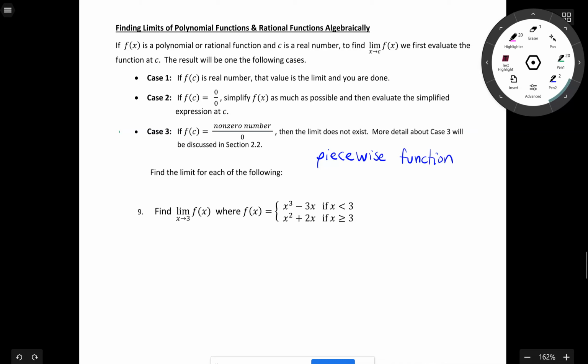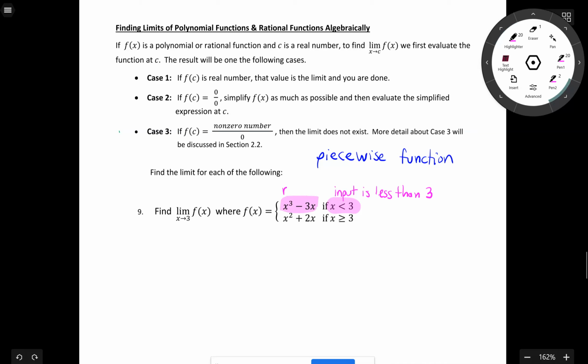Okay. What a piecewise function does is it has multiple rules to follow based on different inputs. So in this piecewise function, if my input is less than 3, if that is the case with my input, then I'm going to follow this rule right here.